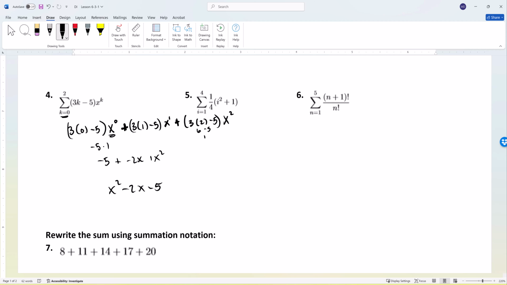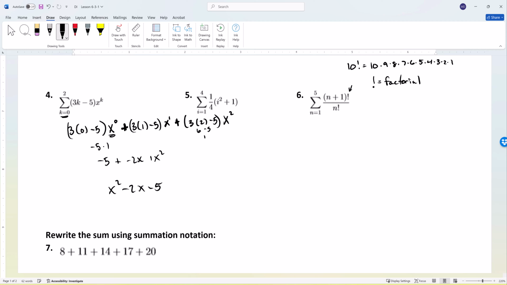The last is this exclamation point. This means factorial. And all it means is you just multiply all the factors or all the numbers counting down from that starting number. So 10 factorial equals, you start with 10, and then you multiply all the numbers counting all the way down.